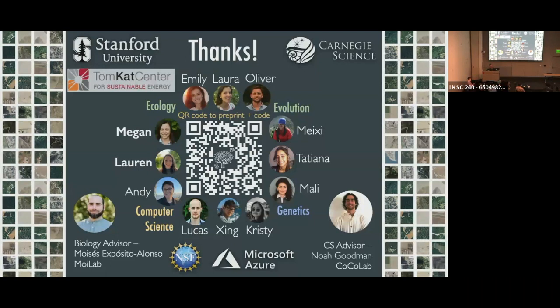Yes, very interesting. I was wondering about your modeling prediction, where you said that if you have a lot of data from one species within the same genus, then you extrapolate that to other species within the same genus. And I was just wondering whether you can actually do that.